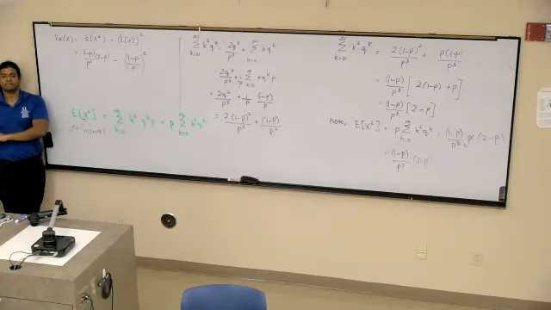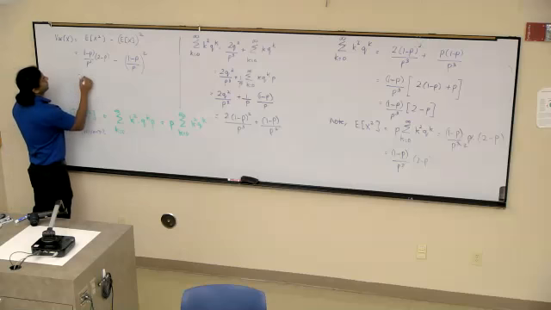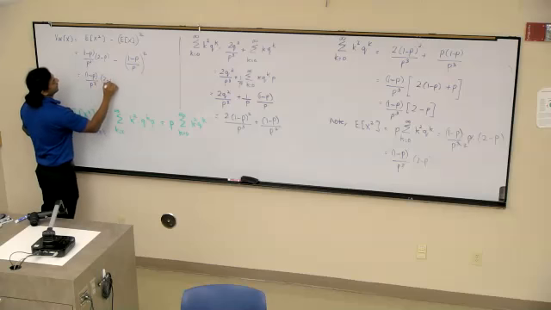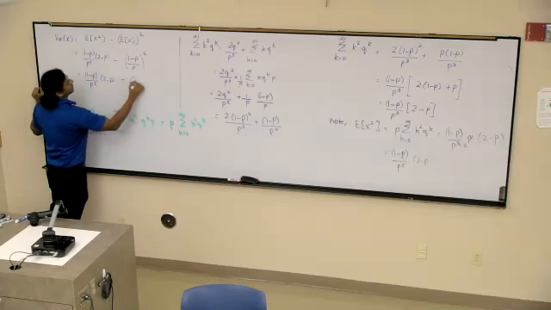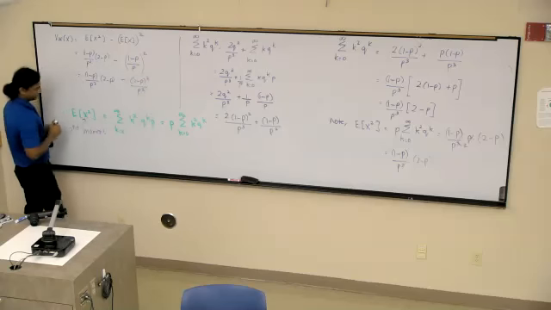We know the expectation of a geometric random variable is 1 minus p over p. So 1 minus p over p squared times 2 minus p, minus 1 minus p squared over p squared.